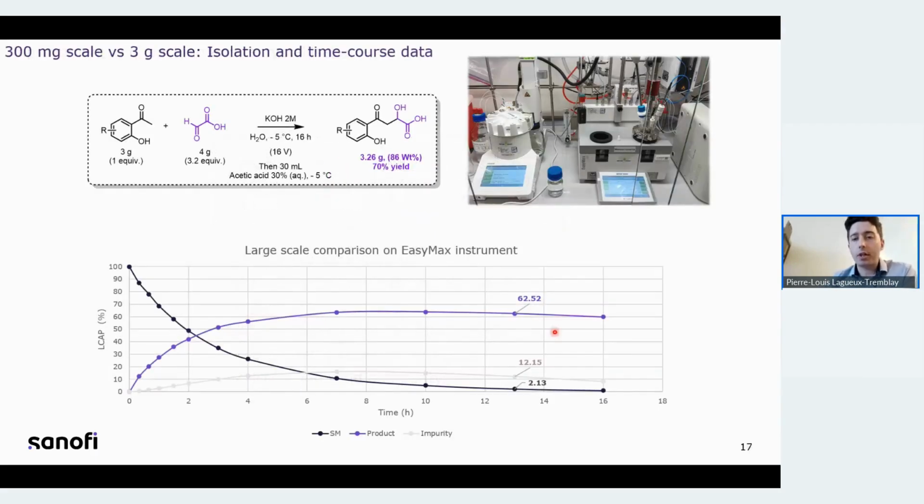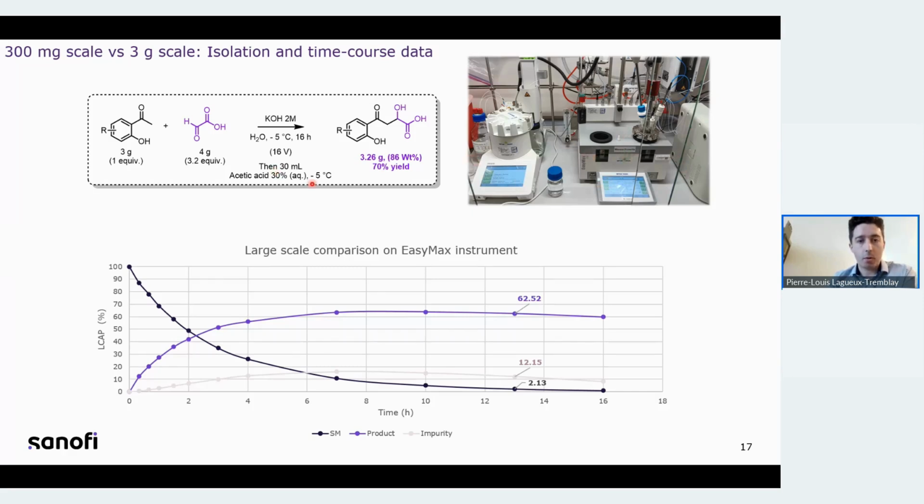So moving on, another aspect that is very important is how this translates to other state-of-the-art equipment. A lot of process chemists will be aware of, for example, the EasyMax, which is a pretty useful platform for process development, but it's a much larger scale for the most part.